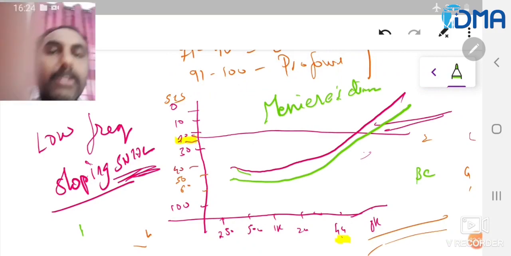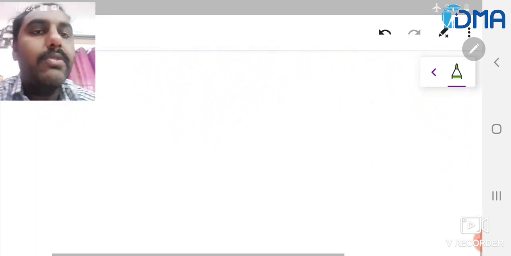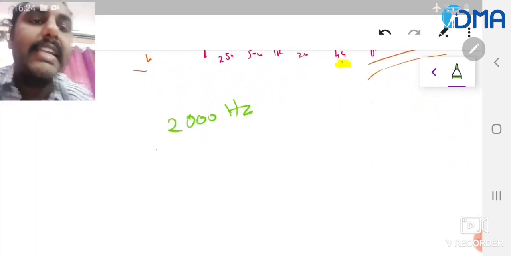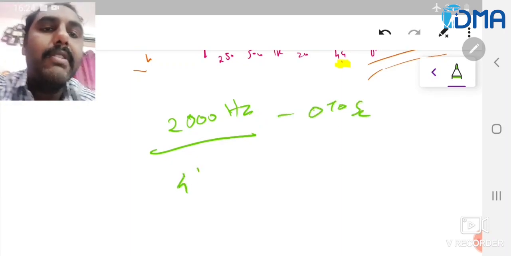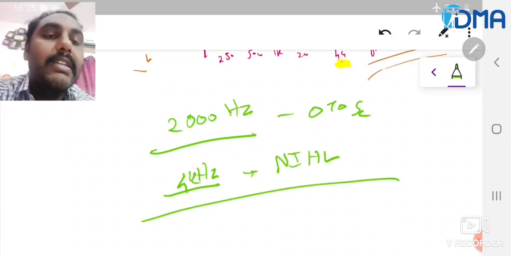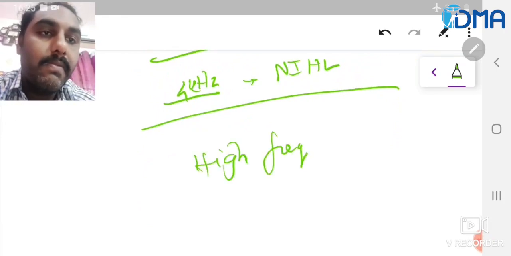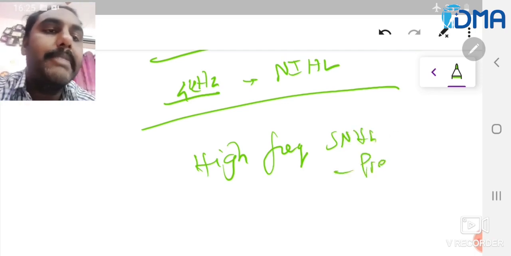Okay. So, in a classical nutshell, for diagnosis purpose, we have two things: a Carhart's notch, a dip in bone conduction at 2000 Hertz, is Carhart's notch seen in otosclerosis, and a dip in conduction at 4000 Hertz is seen in noise induced hearing loss, and high frequency sensorineural hearing loss sloping pattern is seen in presbyacusis.